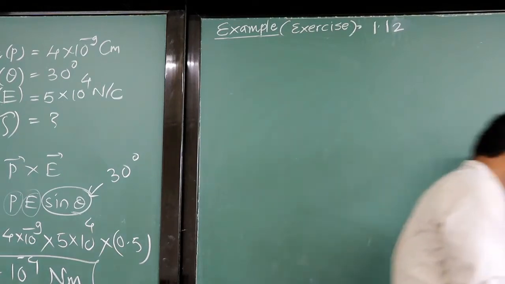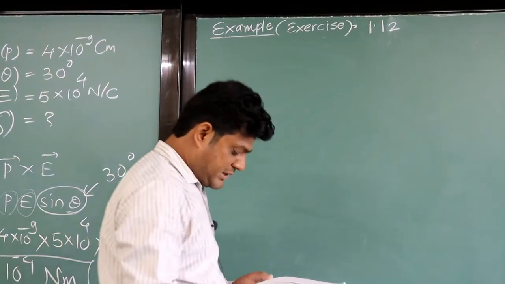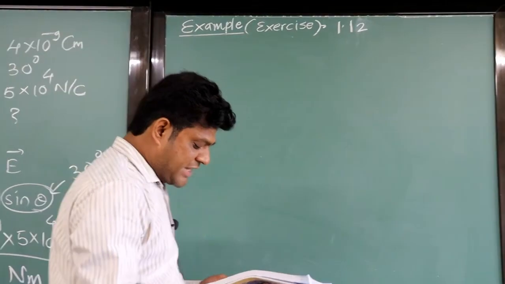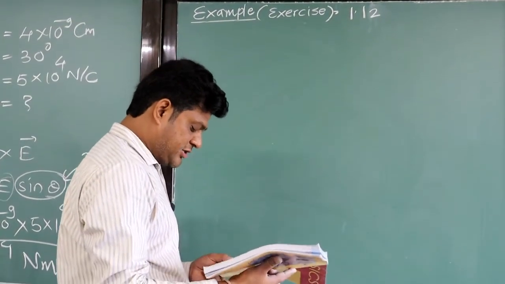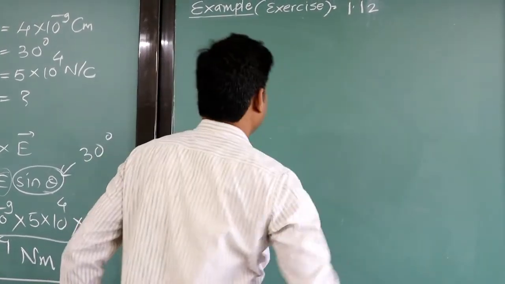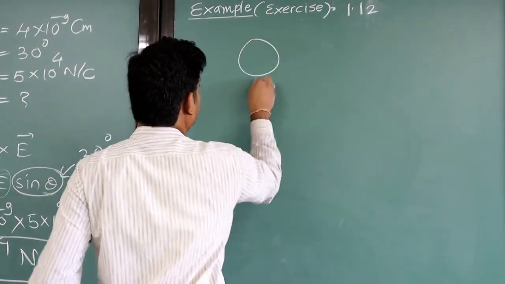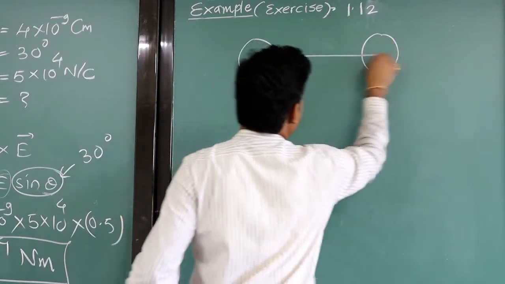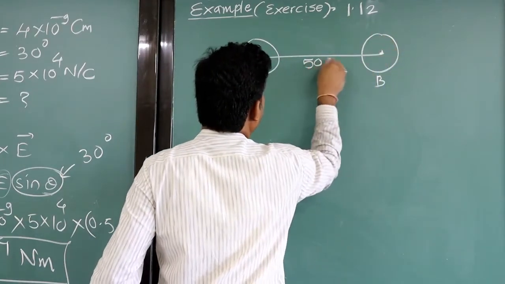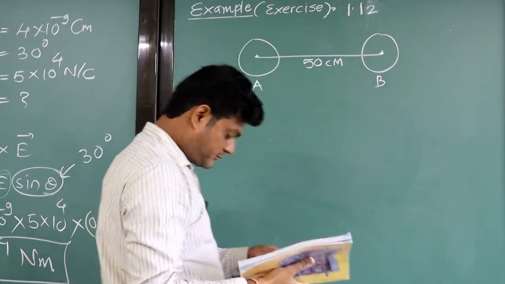See example number 1.12. What is given in that? Example number 1.12: the two insulated charged copper spheres A and B have their centers separated by a distance of 50 centimeter.